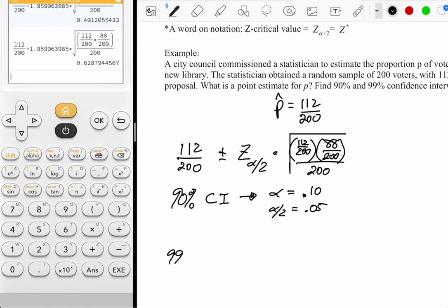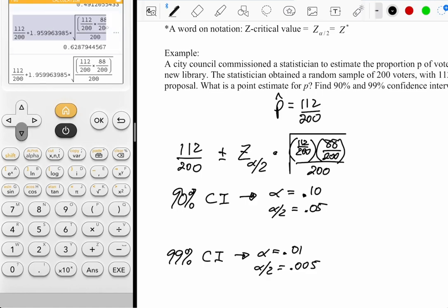For 99%, the alpha value is 0.01, making alpha over 2 0.005.